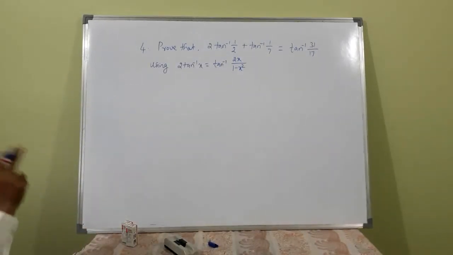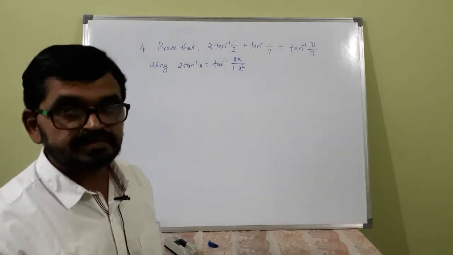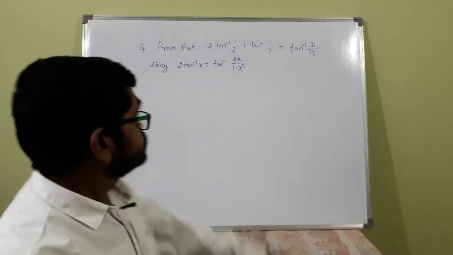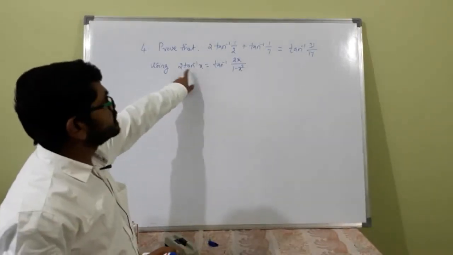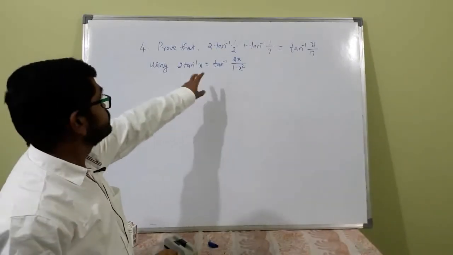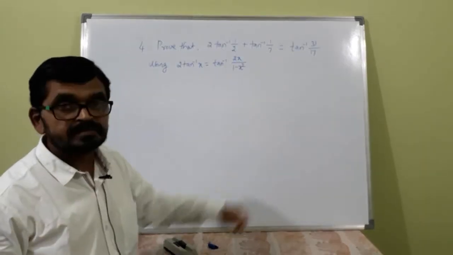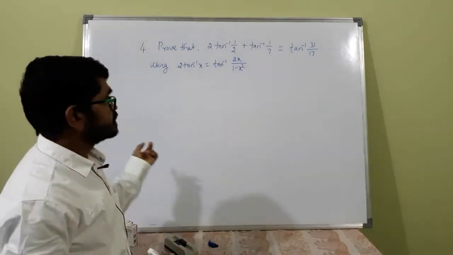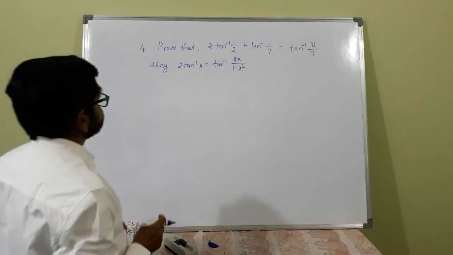Tan inverse of x plus tan inverse of y is equal to tan inverse of x plus y divided by 1 minus xy. If you substitute x is equal to y here, you will get this formula. Okay, if you substitute y as minus y, you will get another formula, three forms.